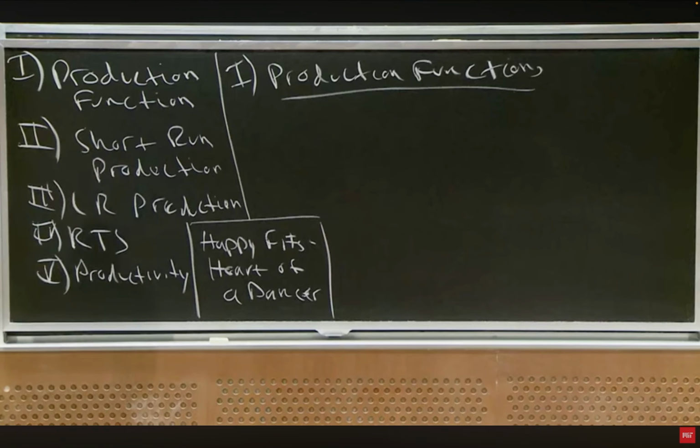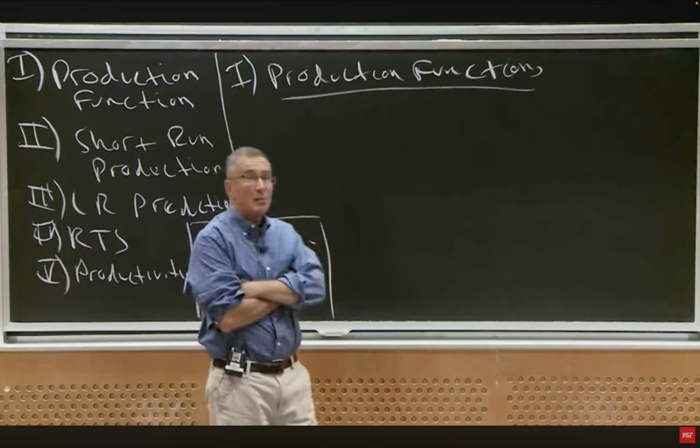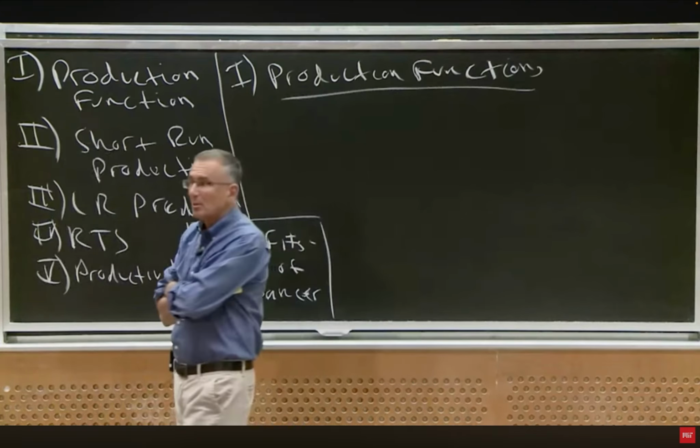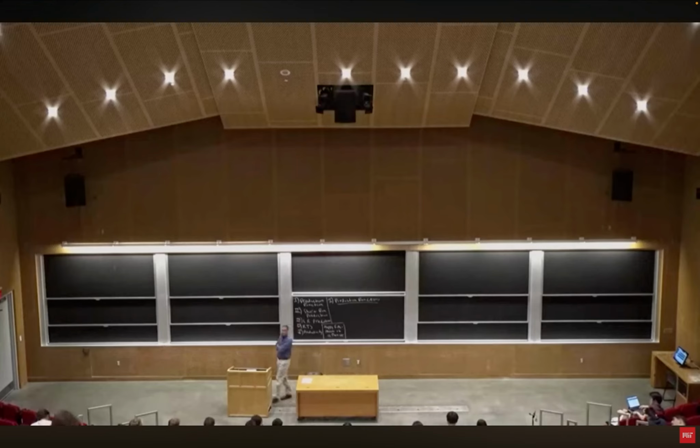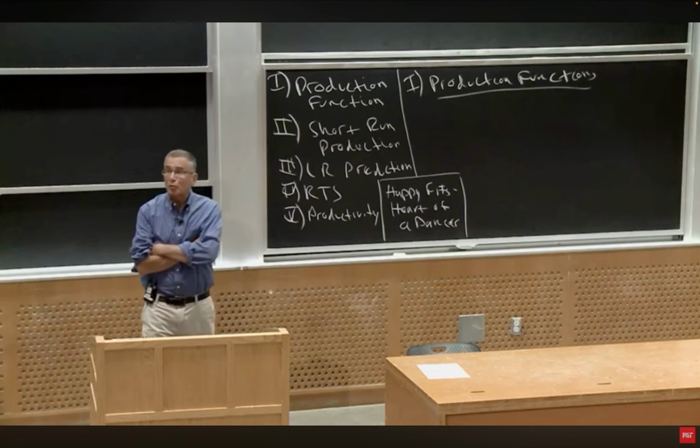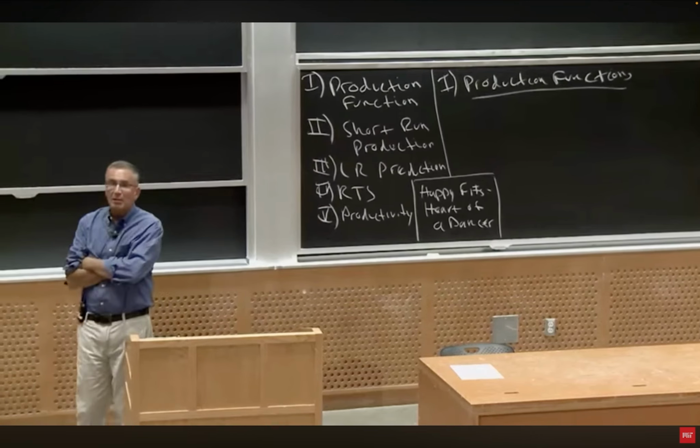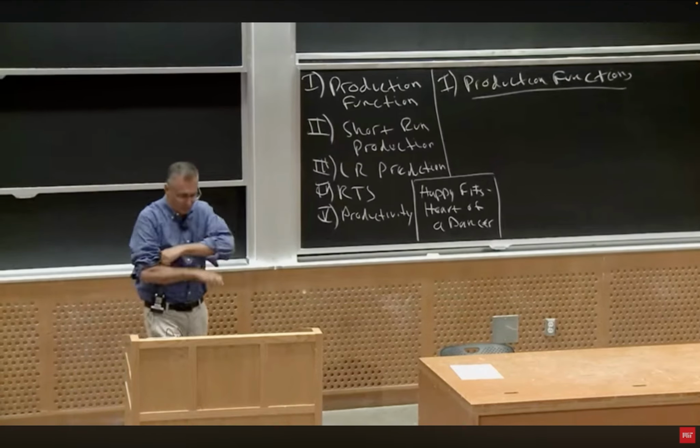Now, we all know what consumers want. They want to figure out the bundle of goods that makes them as well off as possible given their budget constraint. What do firms want? Firms want to maximize their profits. So just like consumers want to maximize their utility, firms want to maximize their profits.